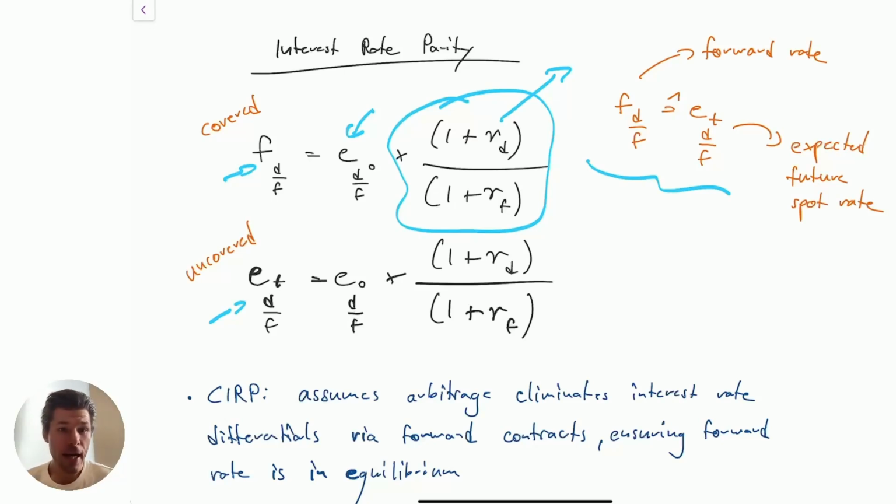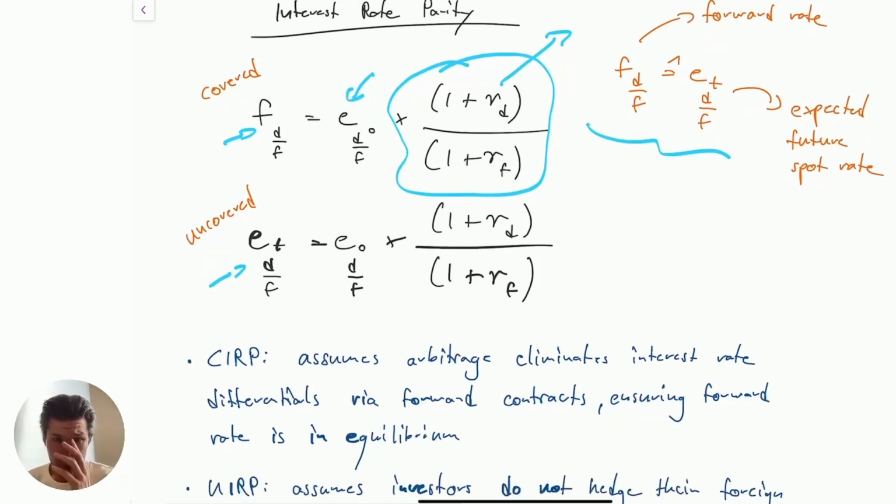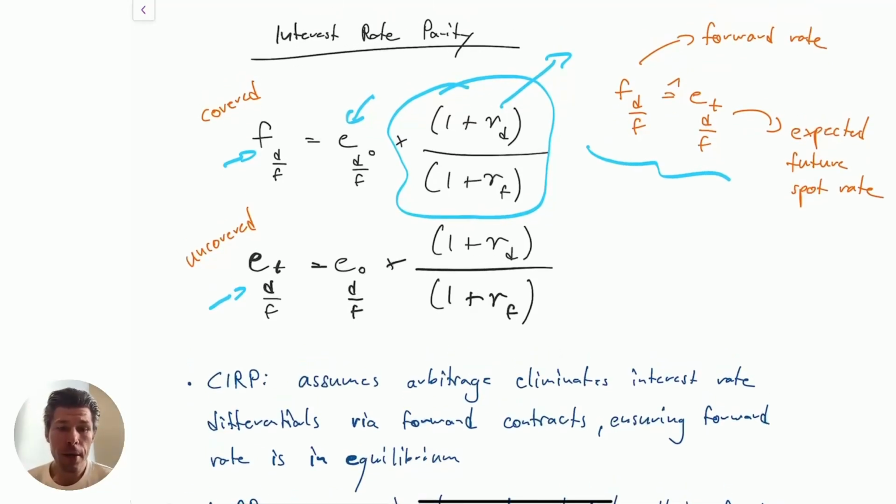So if one country has a higher interest rate than the other, money would flow to this country because people would invest to get a higher return. We use this formula to understand, based on the current spot rate, what the future forward rate or the expected future spot rate should be.